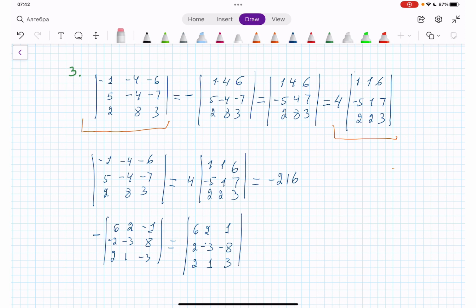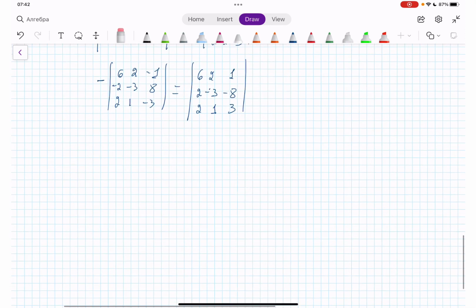So, moving to the next property. If two rows or columns of the determinant are proportional, it's a special case, or they are the same, then this determinant is equal to 0.